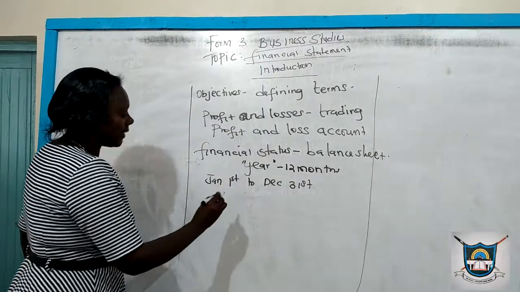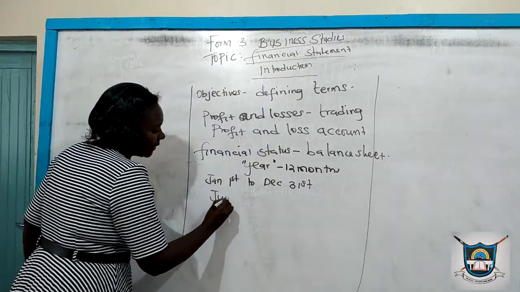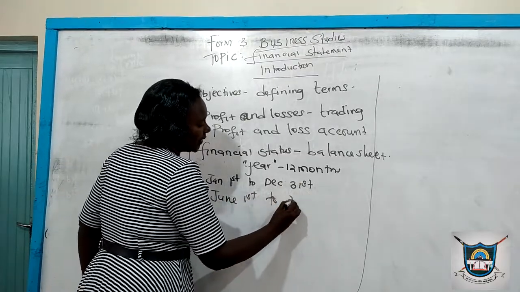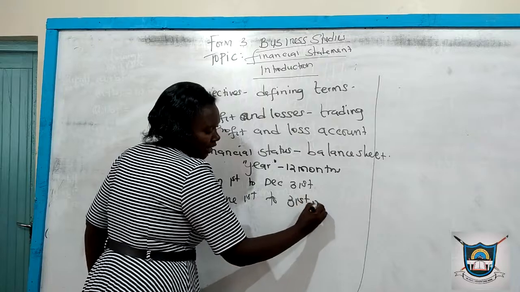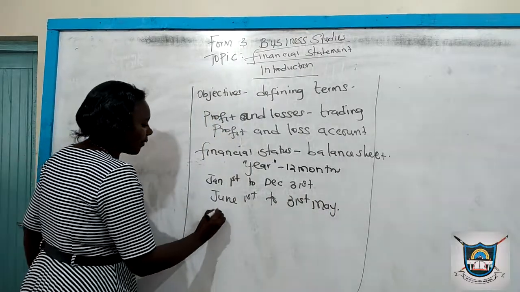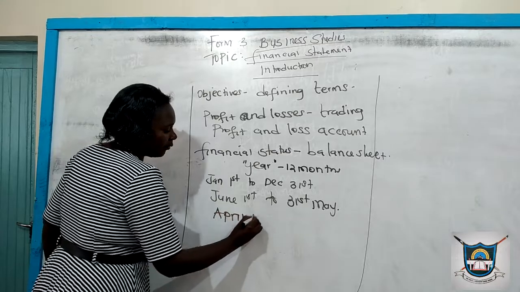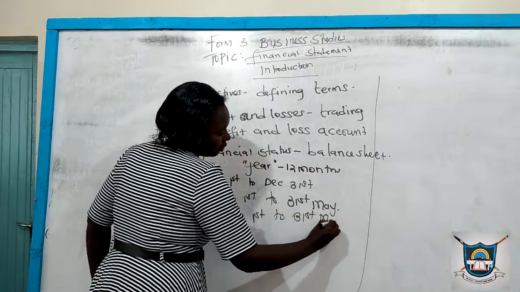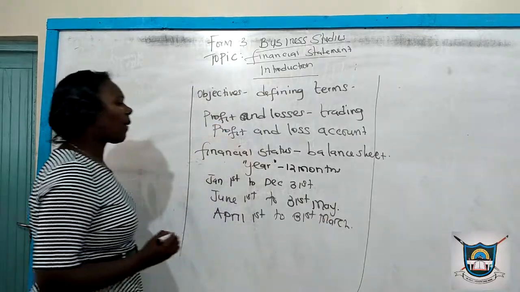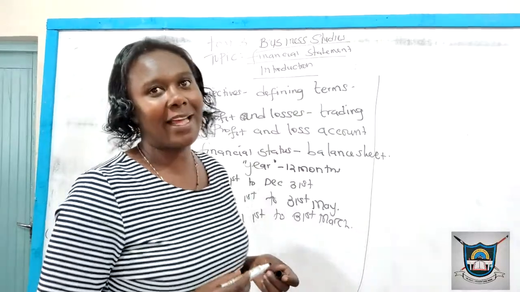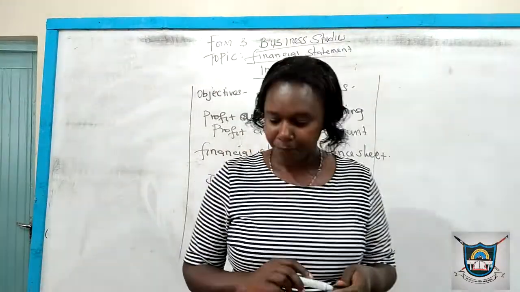Others will start on June 1st to 31st May the following year. Others will start on April 1st to 31st March the following year. So the word year in this case will mean a 12 months period.